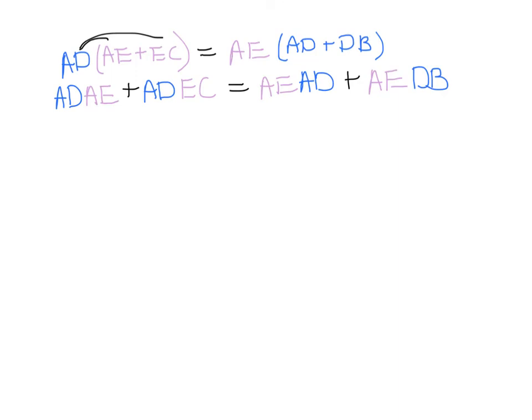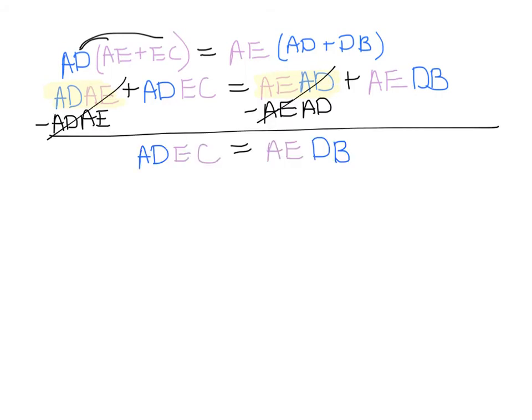If I now look at these equations, I notice that I have the same expression, AD times AE, on both sides of my equal sign. Therefore, by just using simple addition, subtraction, inverse rules, I can cancel those out by subtracting it on each side.